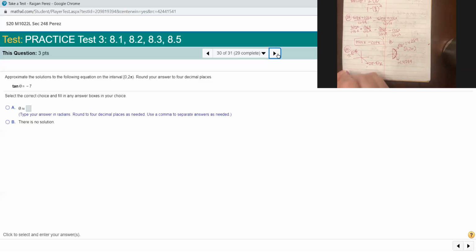So in my calculator, I'm going to do pi minus 1.428, and I got 1.7127, and then 2 pi minus 1.4289, and I got 4.8543. I hope that's okay because I rounded them.